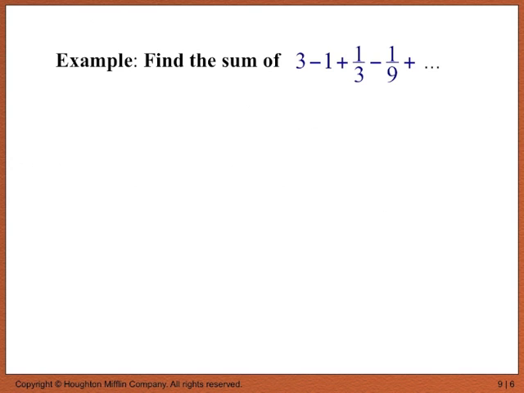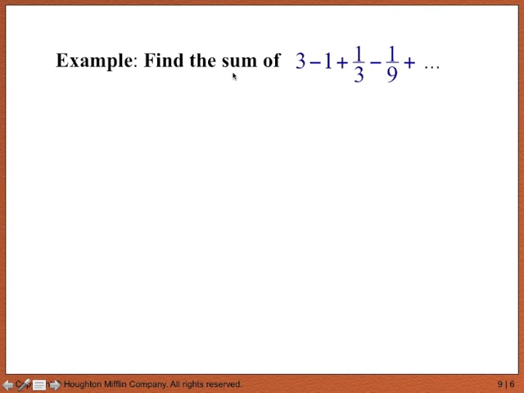All right, so you should be able to do this problem on your own. Actually, I kind of got you started on it a little bit. You're going to find the sum of 3 minus 1 plus 1/3 minus 1/9 plus, and so on. When you see the dot dot dot at the end, even though they don't explicitly tell you, you know they are talking about an infinite geometric sequence.